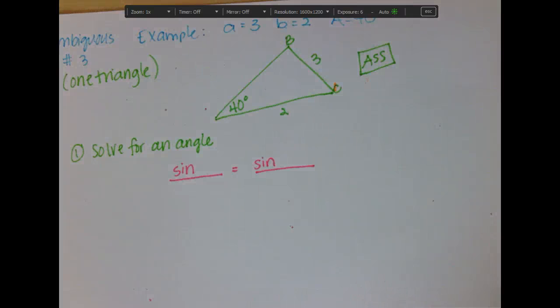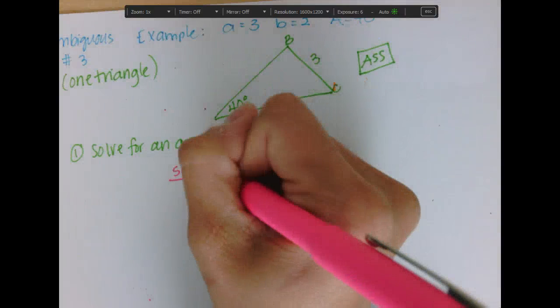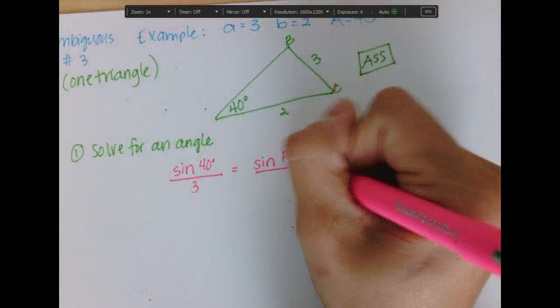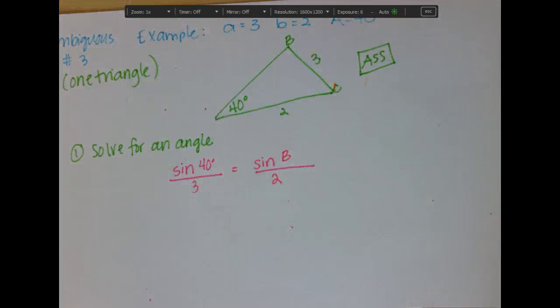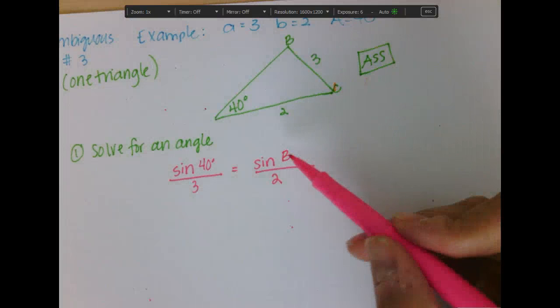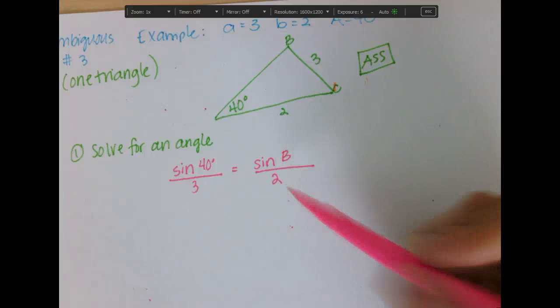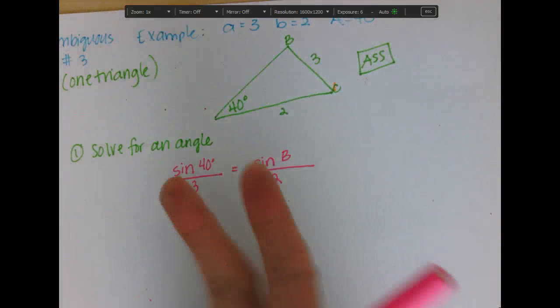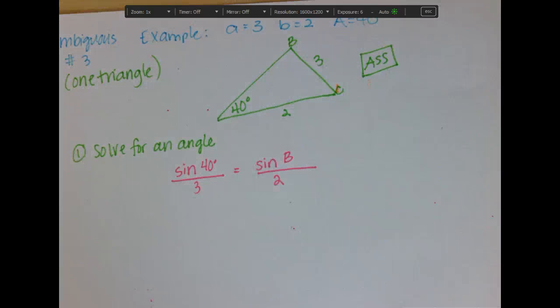So we need the sine of an angle over its opposite side, 40 degrees and 3, and we're going to set it equal to the sine of B over 2. Again, we don't have any information at all about C, so if we tried to use C here, we'd have two variables, and that wouldn't work. Don't forget that these ratios can be flipped around.